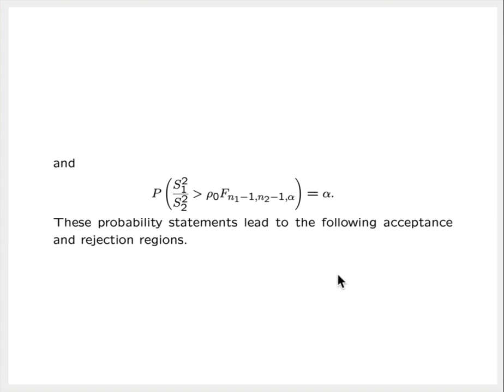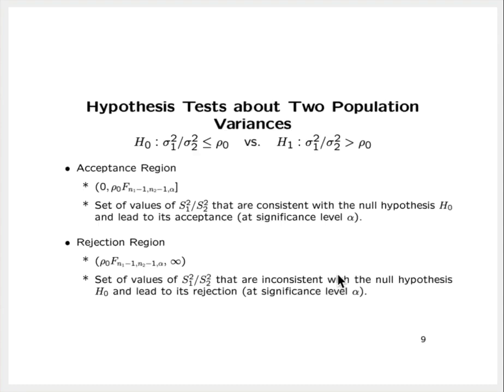And so these probability statements lead to the following acceptance and rejection regions. For this right-tailed test, the acceptance region would be the interval from 0 up to and including rho sub 0 times the F value listed here.